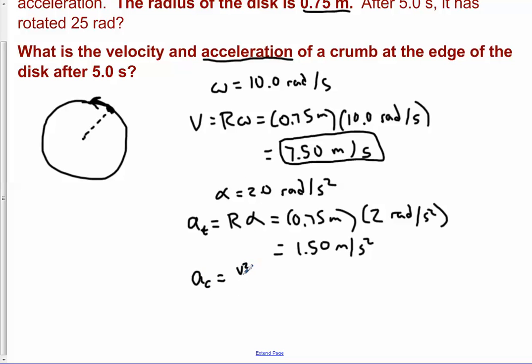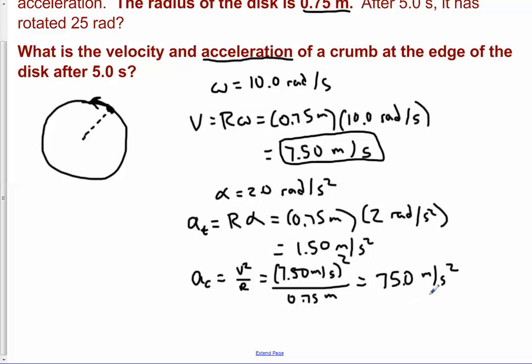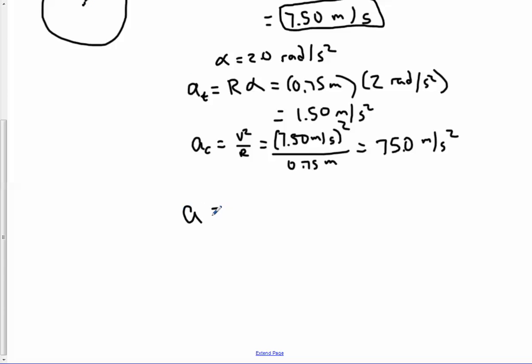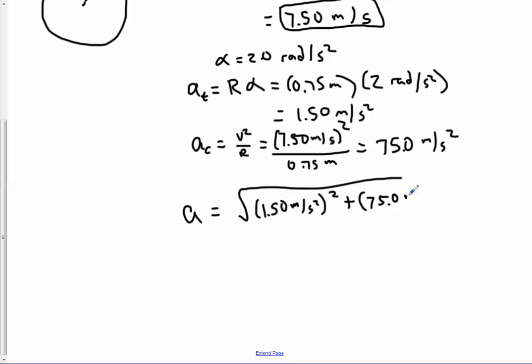Centripetal acceleration is v squared over r, and we just figured out v, so (7.50 meters per second) squared over 0.75 meters, which comes out to be 75.0 meters per second squared. So that's the acceleration that's responsible for the turning. So the full acceleration then is the square root of those two guys together, (1.50 meters per second squared) squared plus (75.0 meters per second squared) squared.